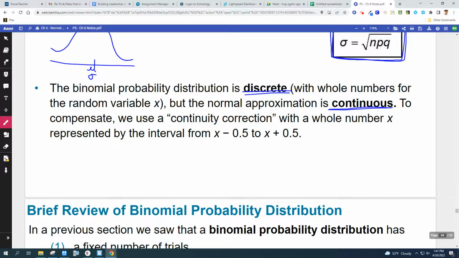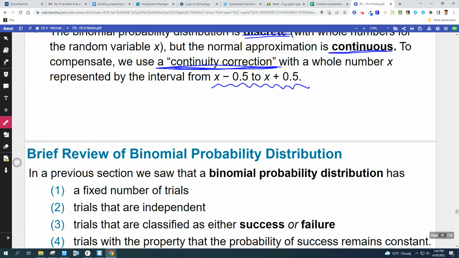So we've got this idea of a continuity correction. It's kind of a strange idea, but it's easy to implement. We're going to have to look at whatever our x number is minus 0.5 and whatever that x number is plus 0.5. You'll see it more when we get to an example.